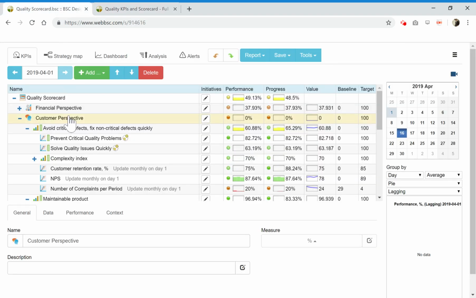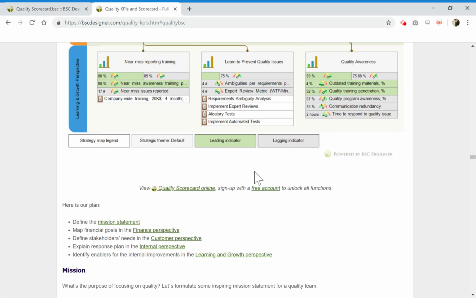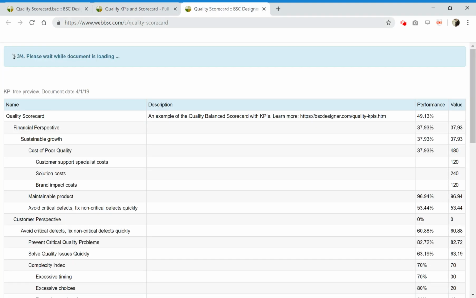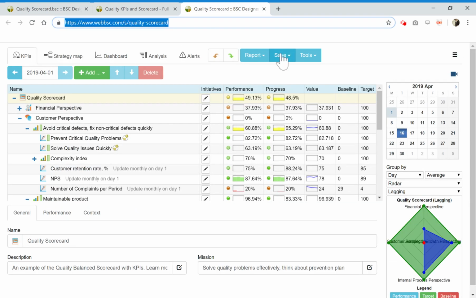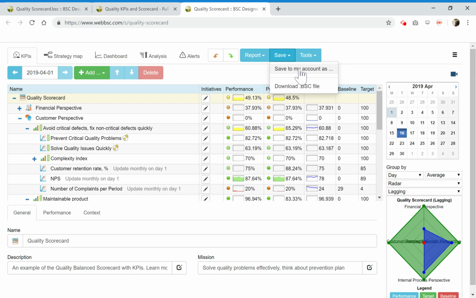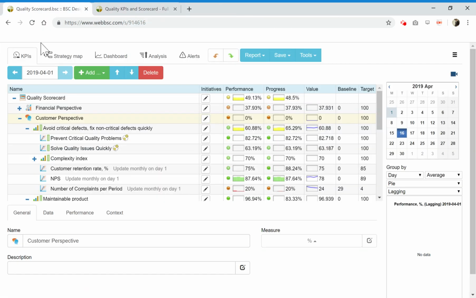And I have opened the quality scorecard. I followed the links that you have in this article, switched to this template, and then saved it to my own account in BC Designer Online so that I could introduce some changes and use it for this demo video and to explain some detail.